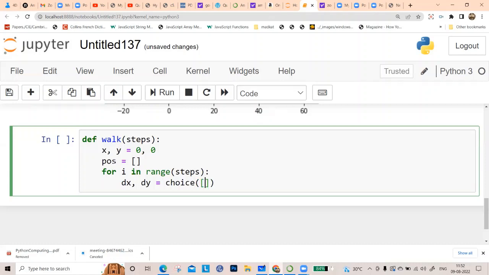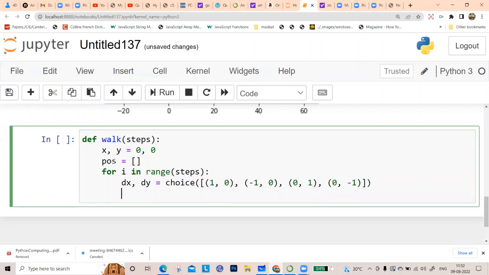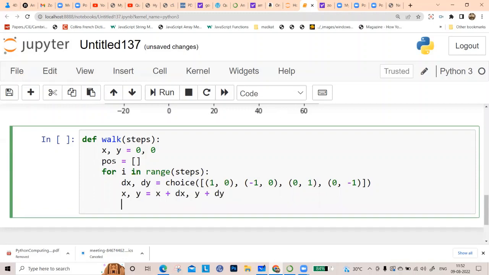Then dx, dy equal to choice. I could copy that, but let me write it again so that you can pay attention. Inside it: 0, 1; 0, 1; and 0, minus 1. So this is the y, and x equal to x plus dx and y equal to y plus dy. Okay, done.